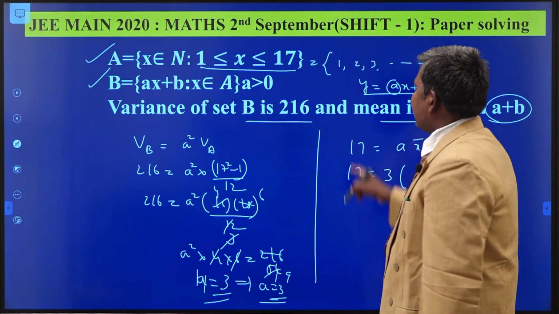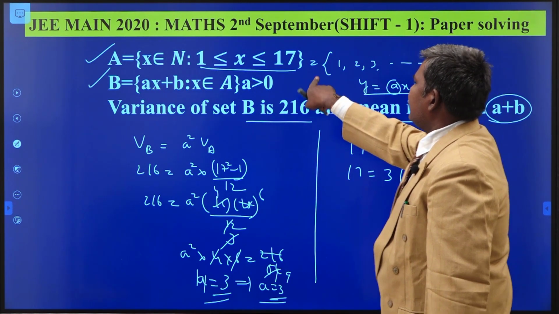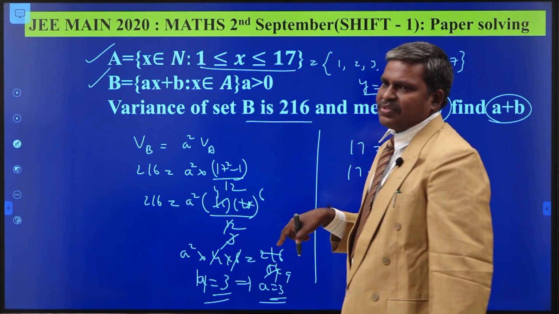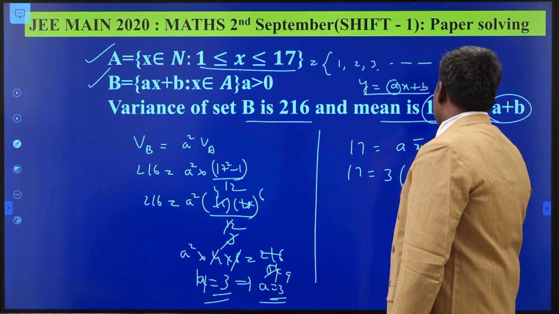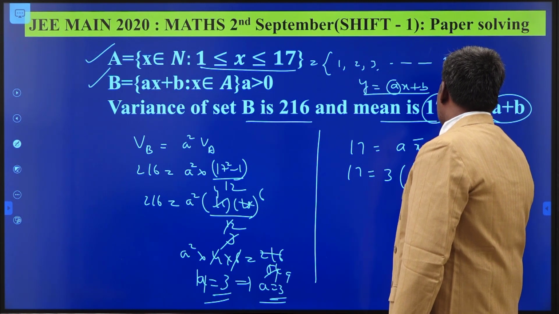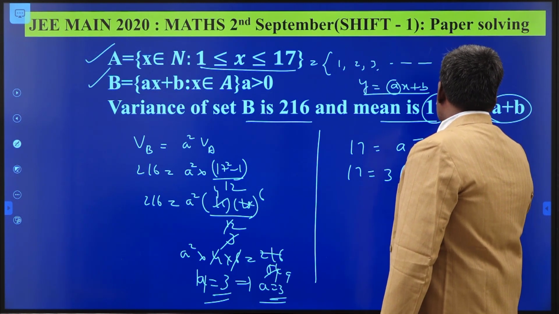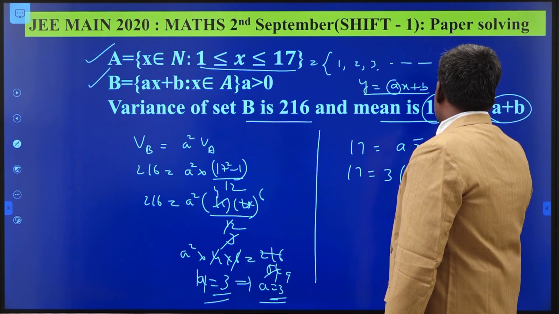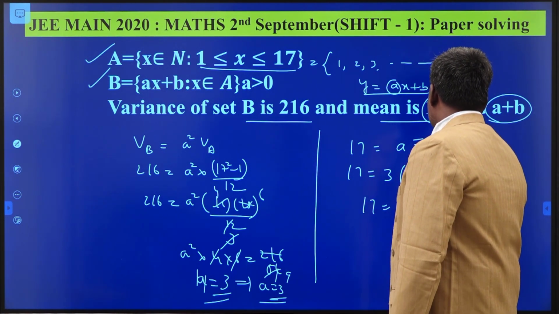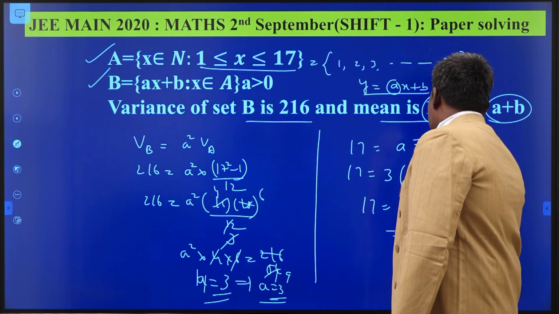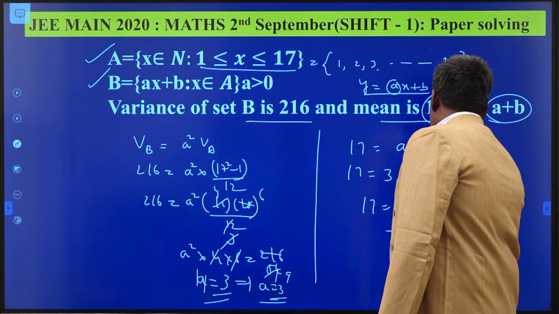What is x bar? X bar is nothing but the sum of the first 17 terms by 17. Sum of 17 numbers means 17 into 18 by 2, divided by 17, plus b. 17 gets cancelled, 9 times 3, that is 17 is equal to 27 plus b. So the value of b is equal to minus 10.